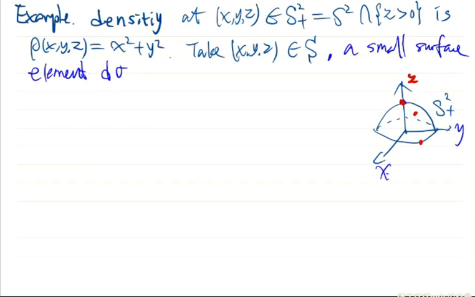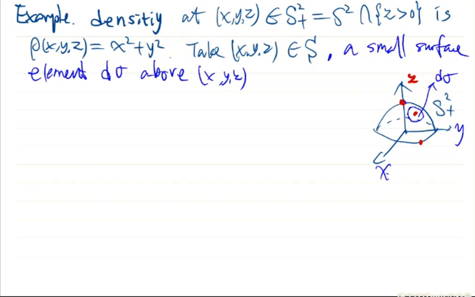We take a small piece of surface containing this point. This small piece is our d sigma.